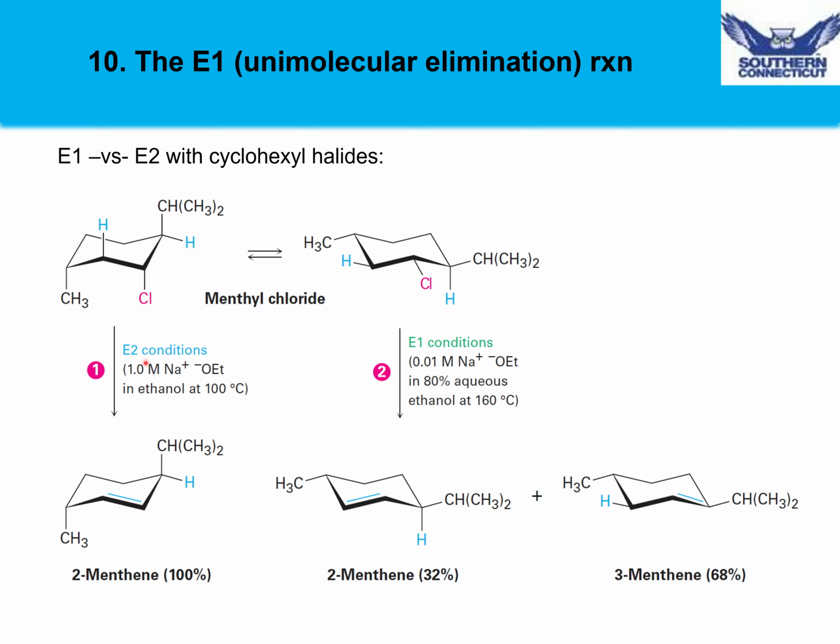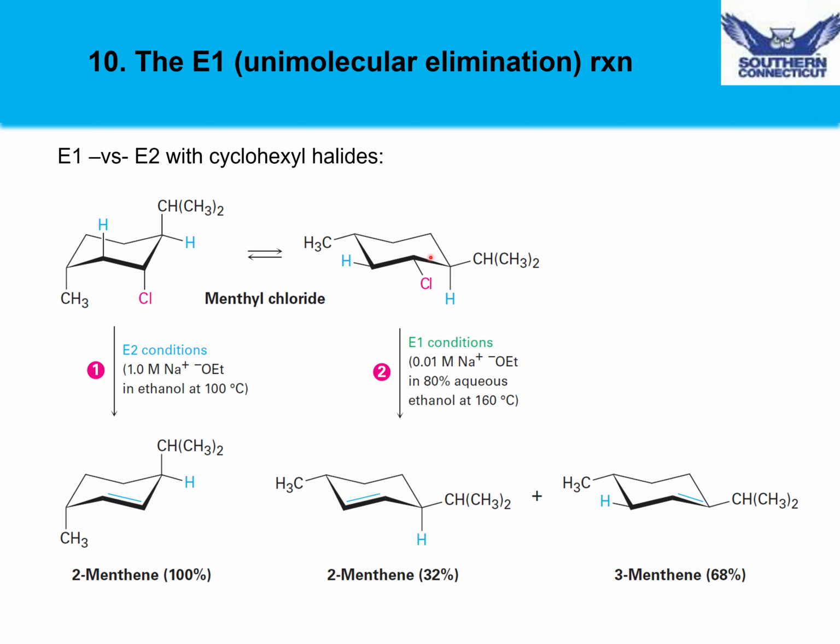So if we add base, the base would remove a hydrogen that is axial on the adjacent carbon to the carbon that has the leaving group. So the base will remove this hydrogen, form a double bond there by eliminating the chlorine. So there's the product. Notice this hydrogen here is not touched because it's equatorial, as we discussed before.